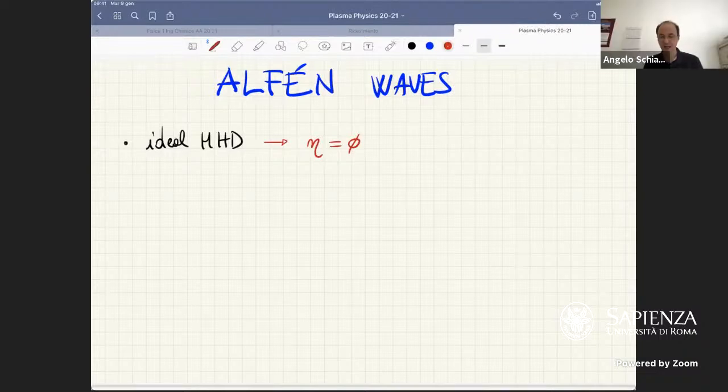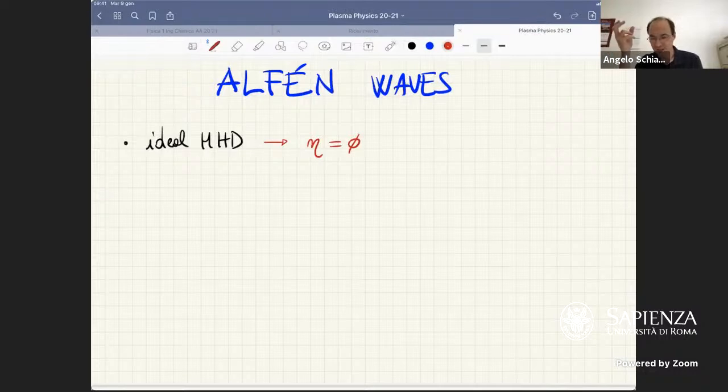And if you remember, in the evolution of B, there was a term that we called frozen-in flow. So actually, ideal MHD was saying that the fluid elements are rigidly advected together with the magnetic field.